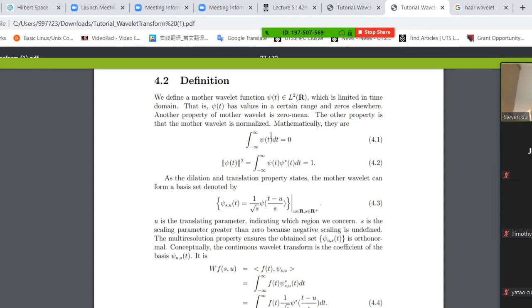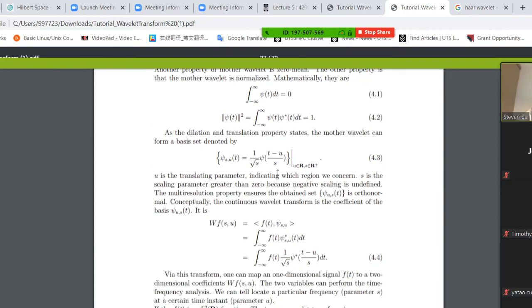Because they are unified, the norm is one, and if it's orthogonal, that's good. If not orthogonal, you can find a dual orthogonal function. You can see the function looks like this.